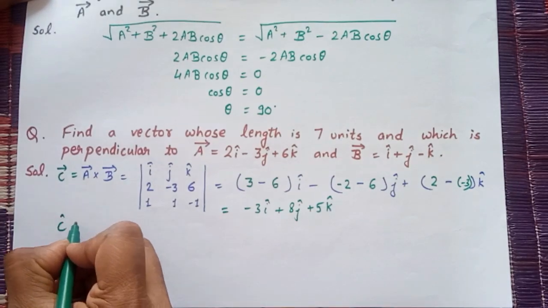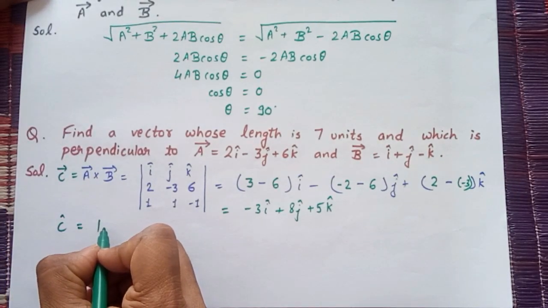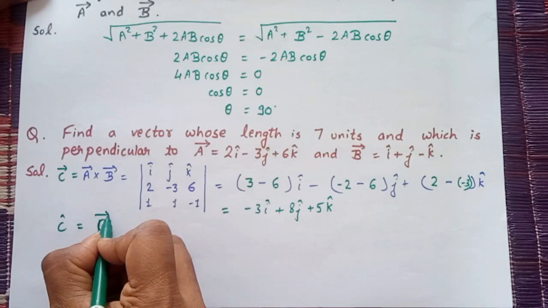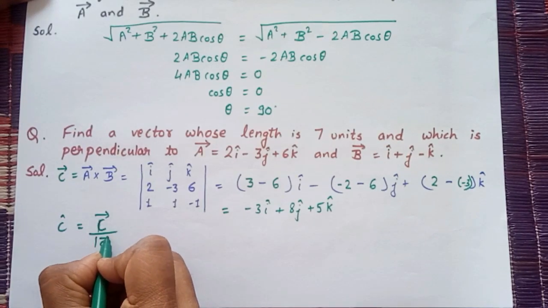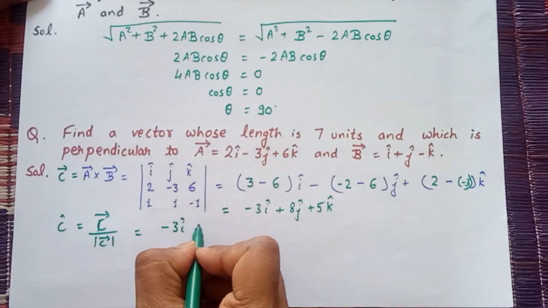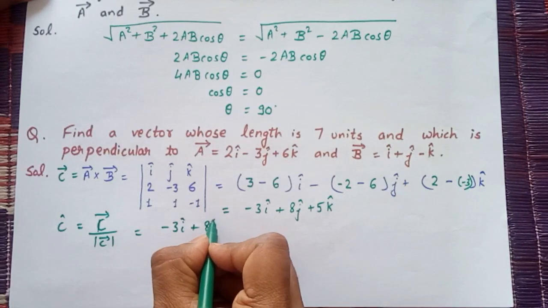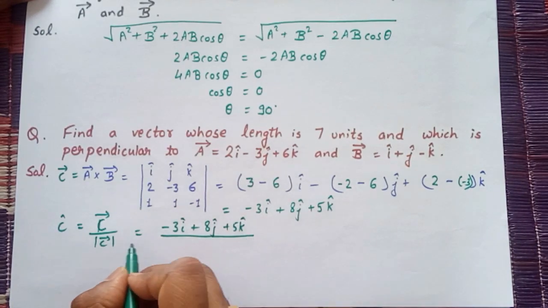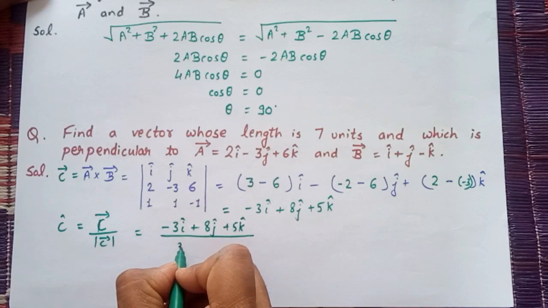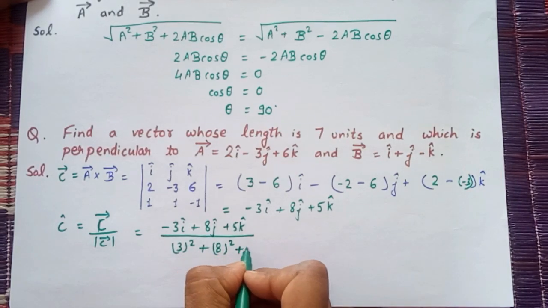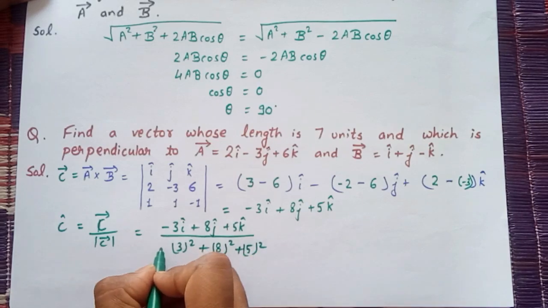a unit vector so that its length becomes 1, and it will be equal to C vector upon mod of C vector. So C vector is minus 3 i cap plus 8 j cap plus 5 k cap upon modulus of this, 3 square plus 8 square plus 5 square and whole root.